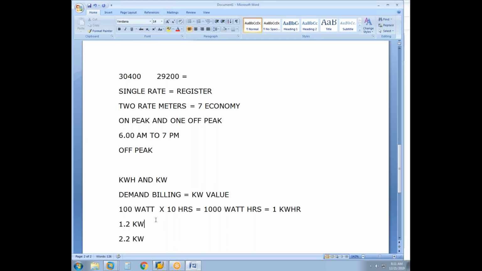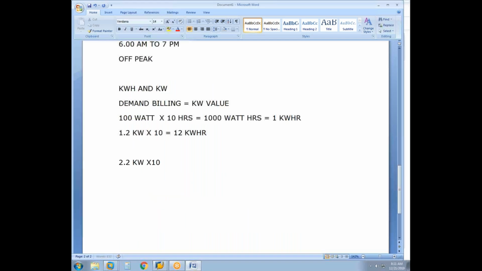The computer run for 10 hours will be 12 kilowatt hours. The air conditioner run for 10 hours will be 22 kilowatt hours. Then we say what is the price for the consumption, let us say 12 rupees. You multiply the kilowatt hours with the price, and you get the consumption energy amount.